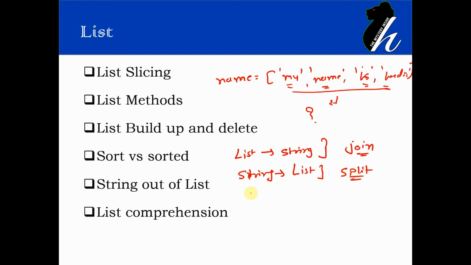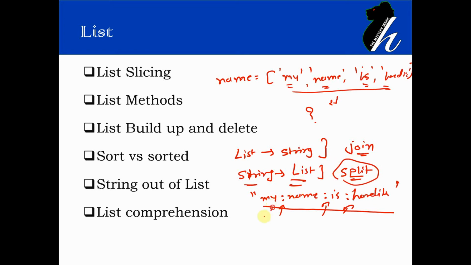For example, let's say my name is Hardik. So this is a single string, but I have got some delimiters like colon over here. So if I wanted to split this string into a list, then I need to use split.